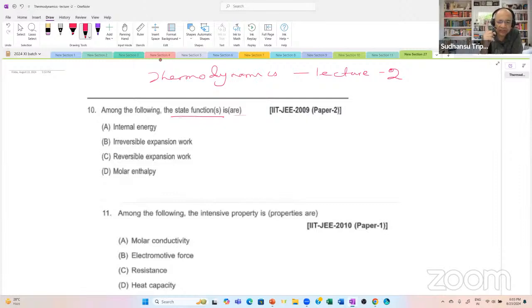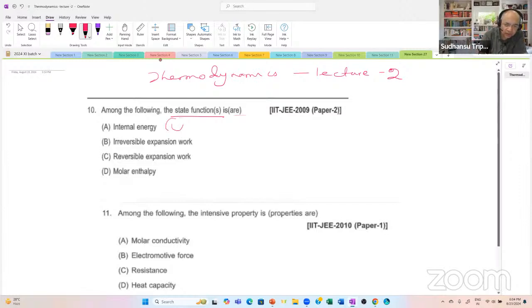I told you that except work and heat, these are the two which are path dependent. Whether you go this way or this way, there will be a difference in the amount of heat absorbed or evolved, or the amount of work done by the system or on the system. But there are restricted conditions where the work done as well as the heat transferred might be a state function, but usually they are not. We'll talk about that today.